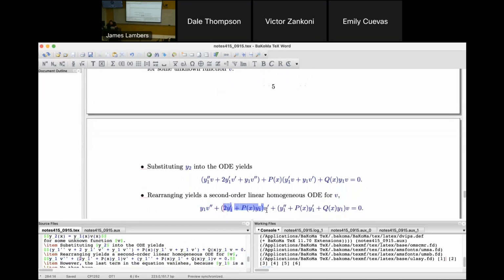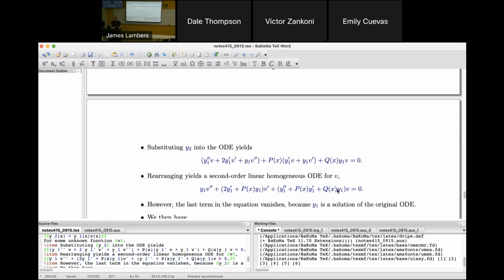Here are all the terms that involve v prime, and all the terms that involve v. So you can factor out each derivative of v. But y1 is known to be a solution of the ODE, so this part right here in parentheses has to be 0.